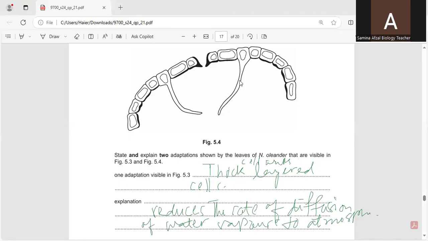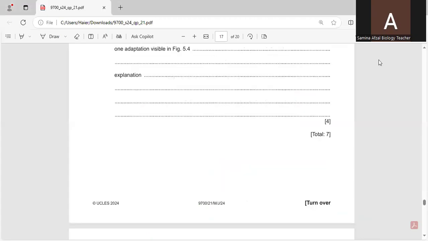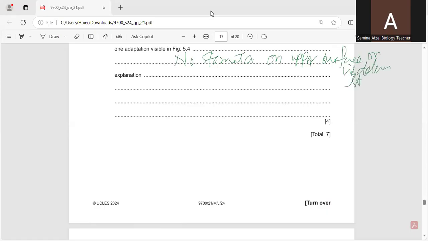And the second adaptation, in figure 5.4, you can see stomata, no stomata on the upper surface, or hidden stomata. And what is their role?